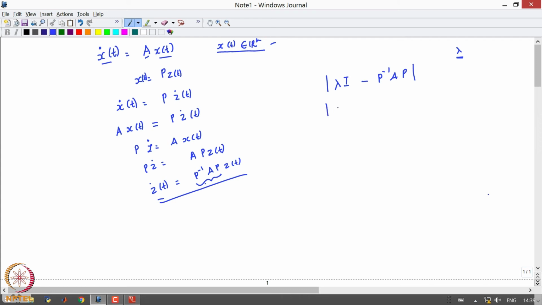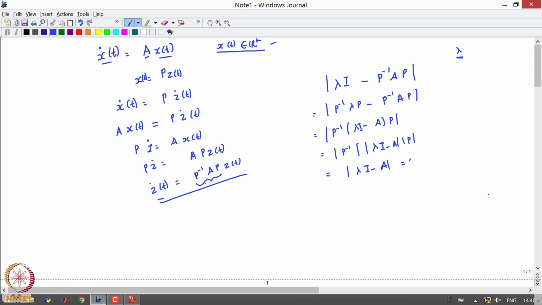I can write this as P inverse lambda P inverse A P, and this is equal to P inverse, and inside I will have lambda I minus A, times P. Now, this is equal to P inverse lambda I minus A times P, and this is the determinant of lambda I minus A.